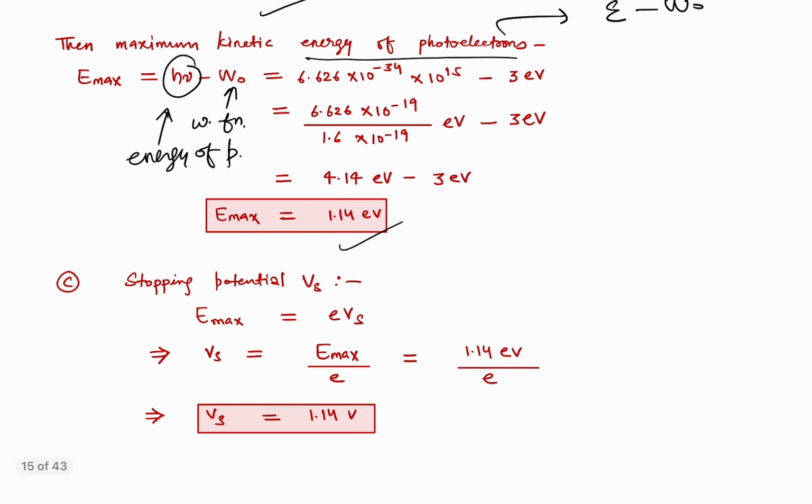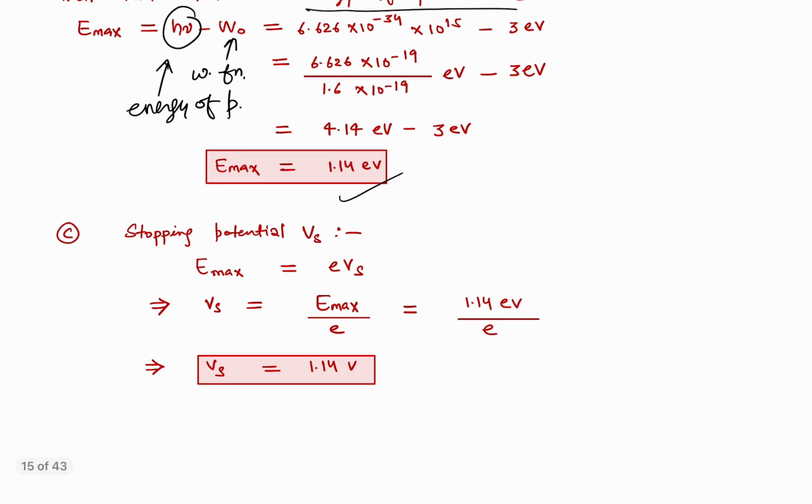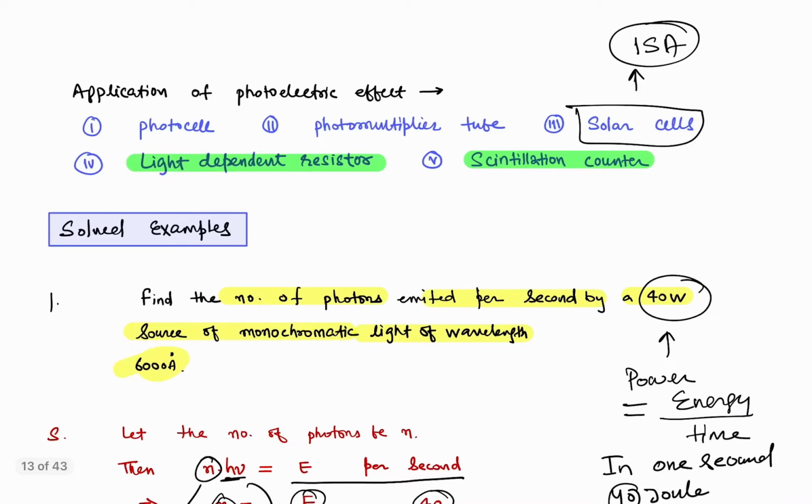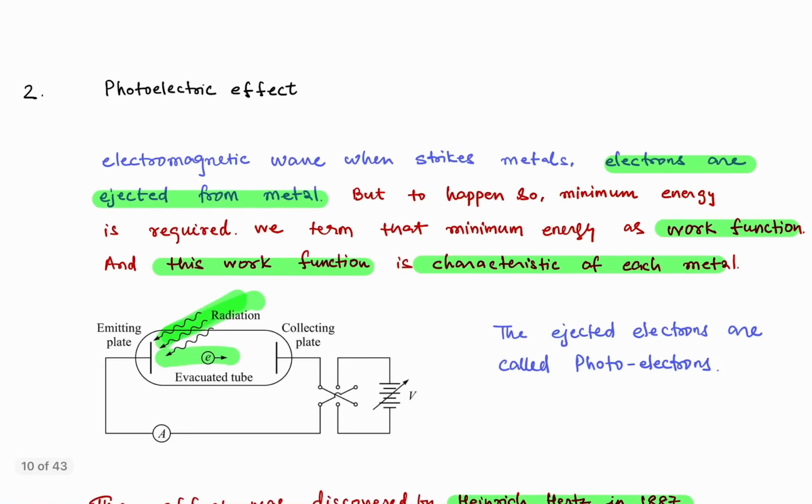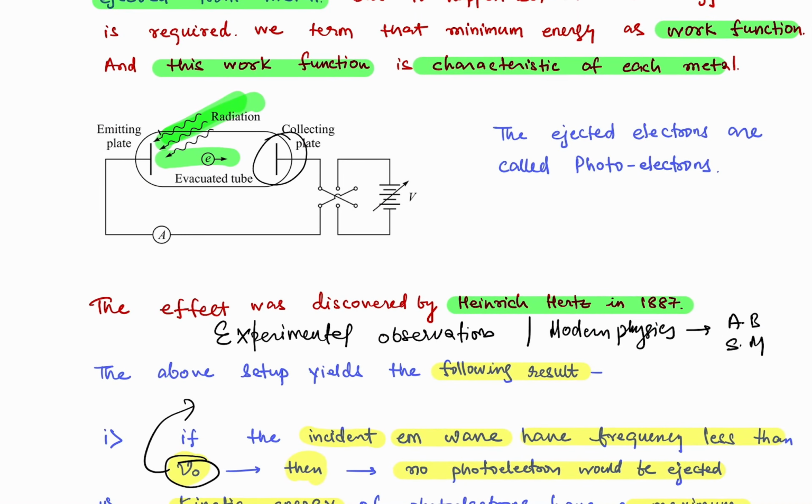Now we are required to calculate the stopping potential. A stopping potential is the potential which we must apply so that the electron is repelled. In this setup, look, here we must apply such a potential that this electron is actually repelled and it does not move, it stops.